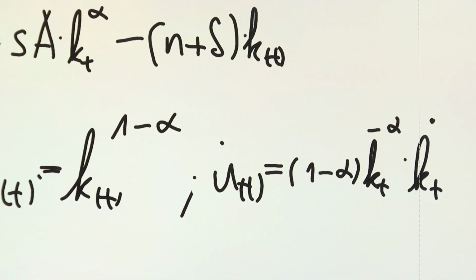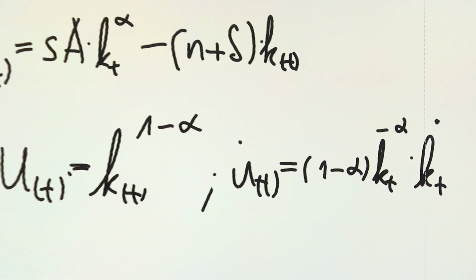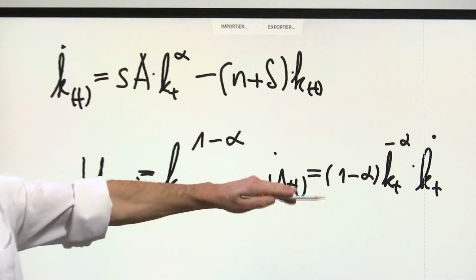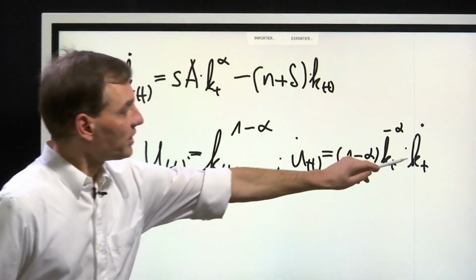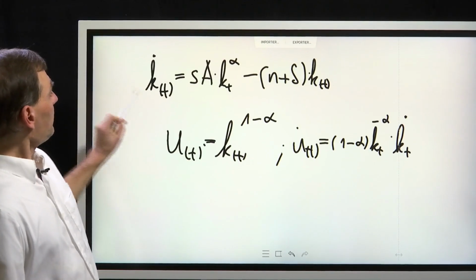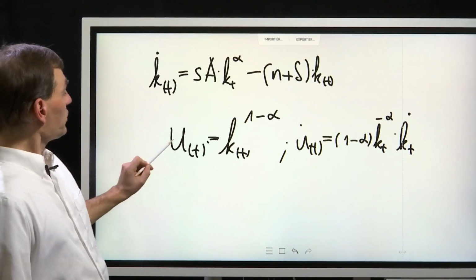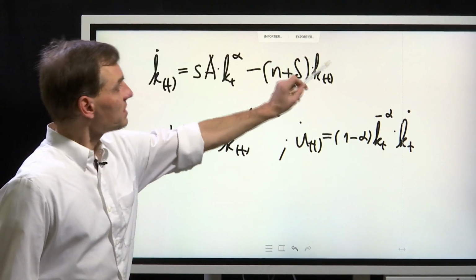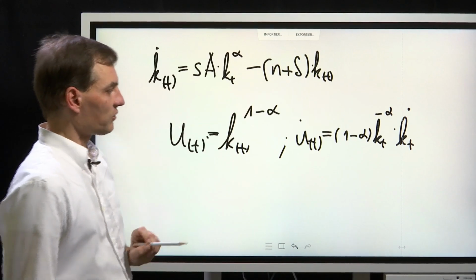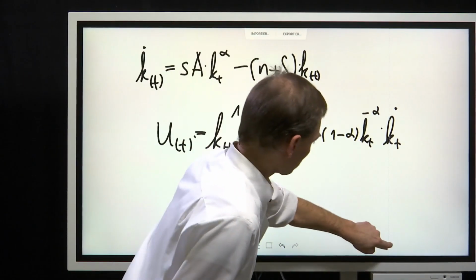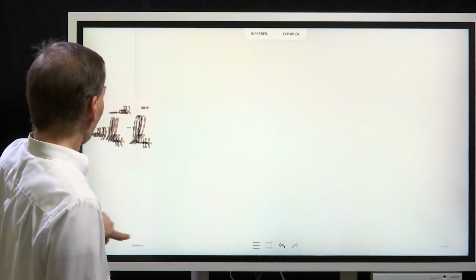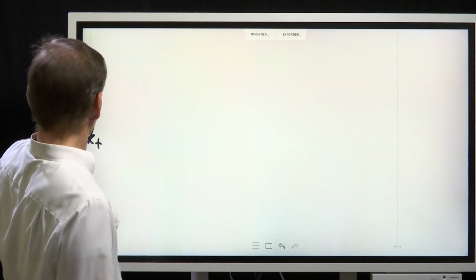We need these two functions because in our first step I substitute for k dot of t in my first equation, and for u of t later on I will substitute it in for my k of t. So for this we simply rewrite this equation as follows.